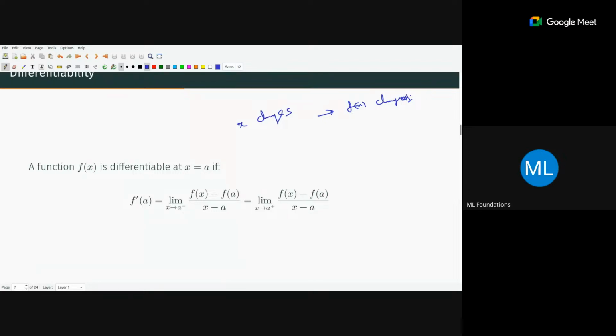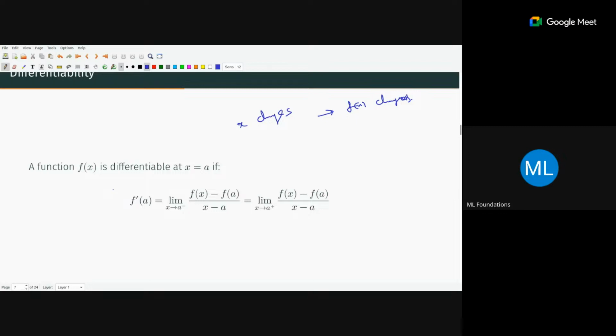And how do we check that mathematically? A function f of x is differentiable, again, we will check at each and every point, and if it is differentiable at every point, we say the function is differentiable. Just like continuity, the same goes with differentiability, but the checking and the conditions are different.